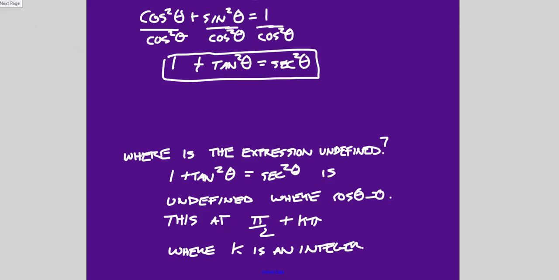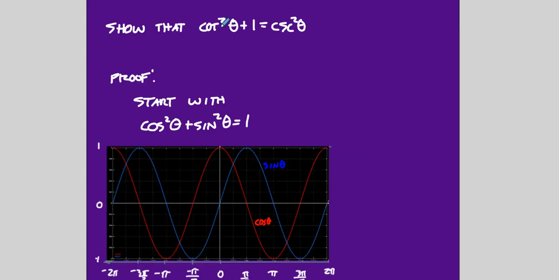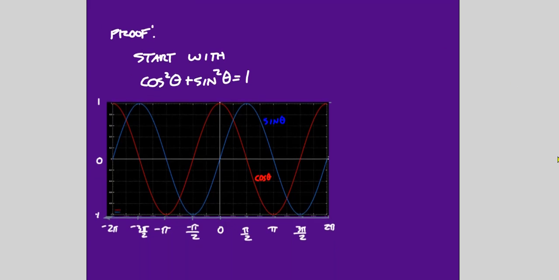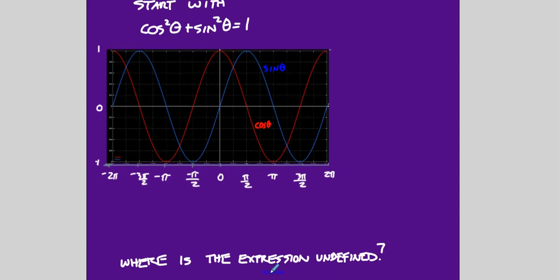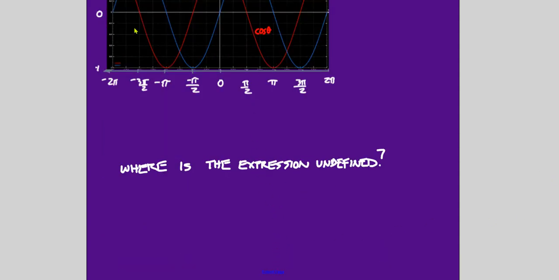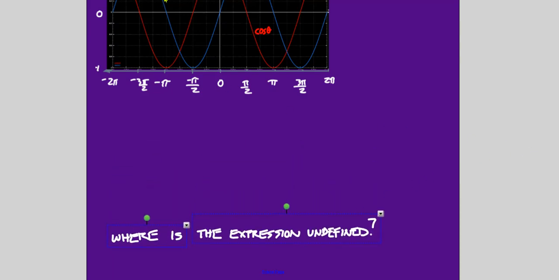Okay, so finally, show that cotangent squared theta plus 1 is cosecant squared theta. So we use the same process again. Again I'm going to have to move this down because I haven't given myself enough room. So I'm going to start again with cosine squared theta plus sine squared theta equals 1.